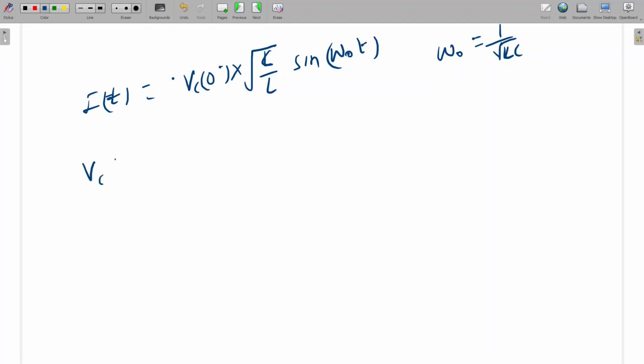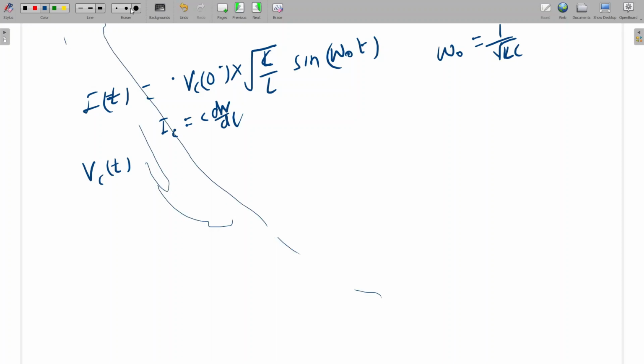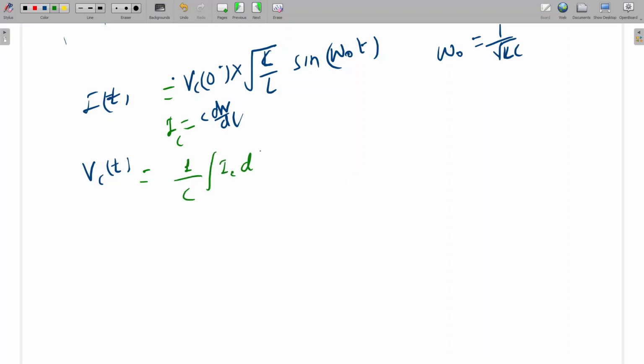So Vc of t: Ic is equal to C dV by dt, so Vc is equal to 1 by C integral Ic dt plus K. What is the value of K here?